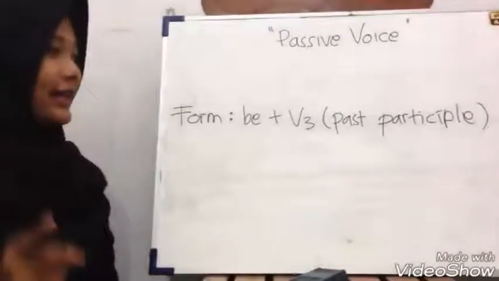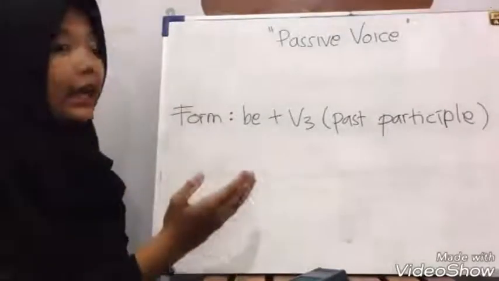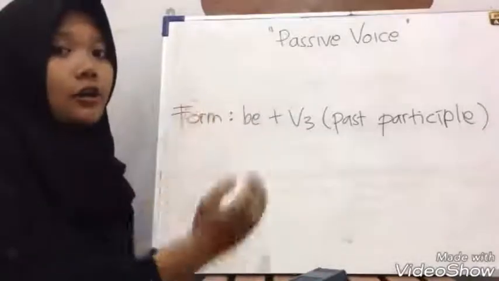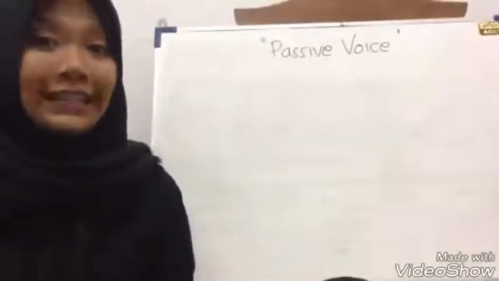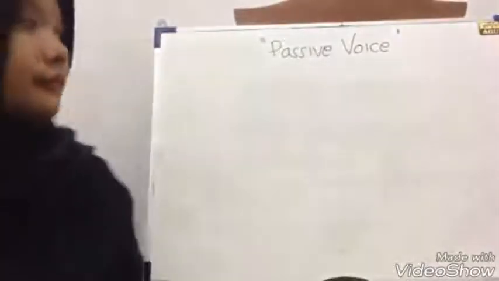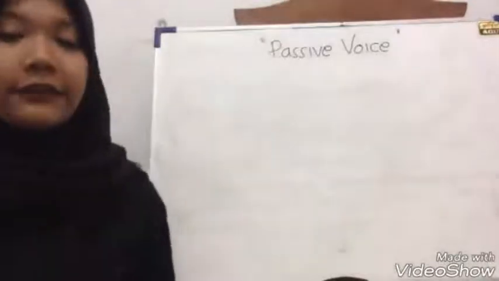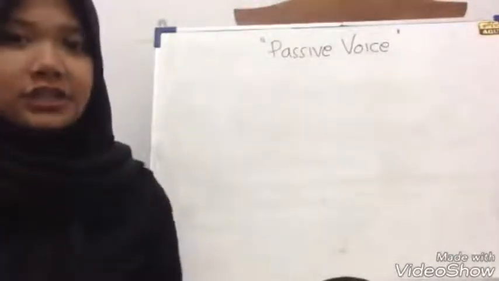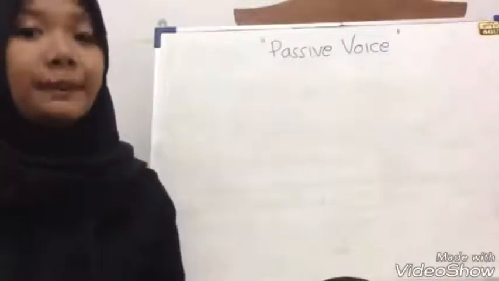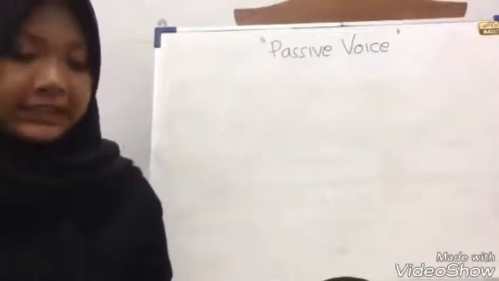Yes, you are right. The form is be plus verb 3 or past participle. So guys, you must know the following notes to understand passive voice. First, the finite form of the verb is changed to be plus past participle.